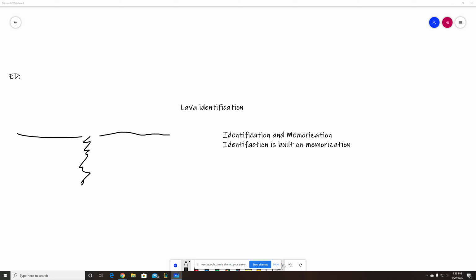This is tectonic plate A, and this is tectonic plate B.